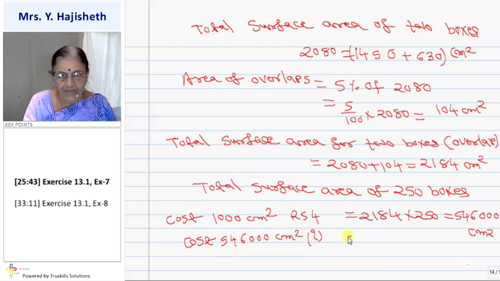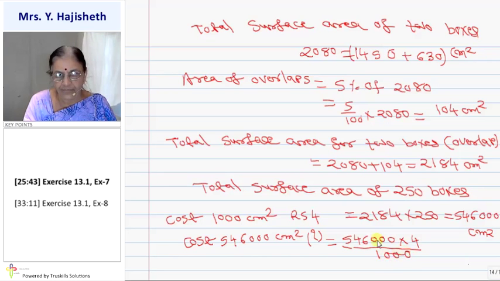So it is 546000 into 4 upon 1000. So 546 into 4. So it is rupees 2184.